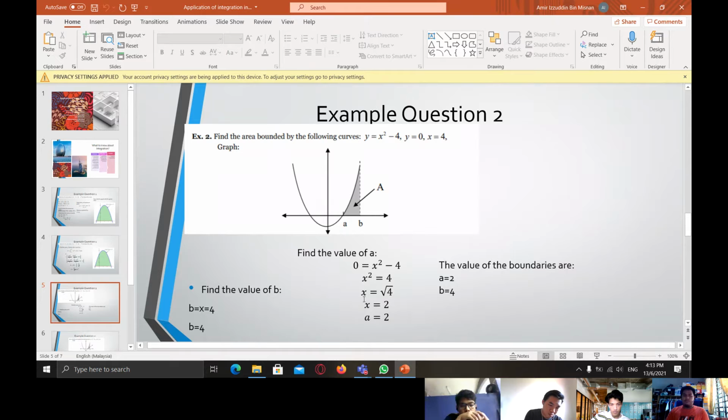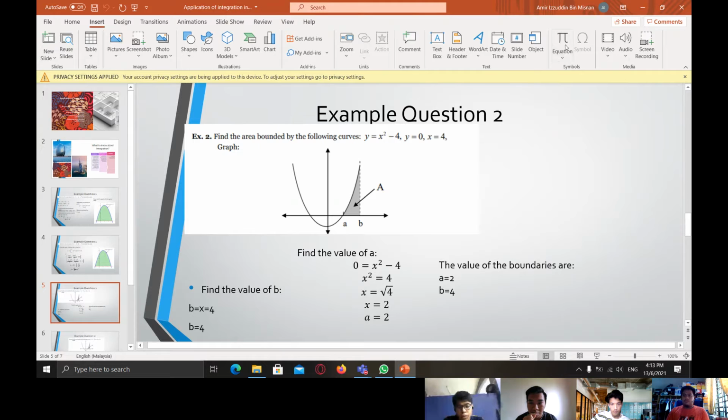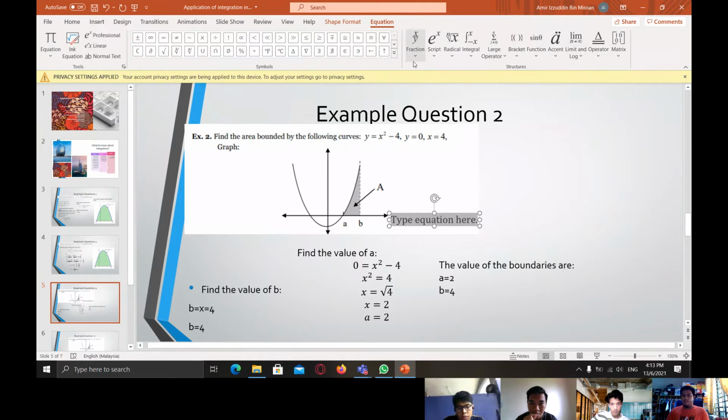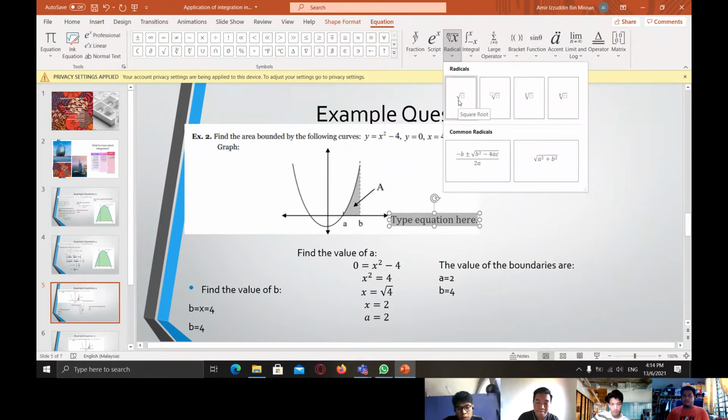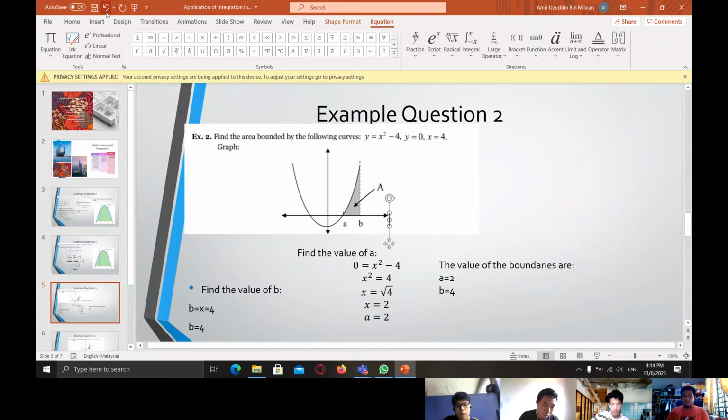We take the square root of 4. I apologize.